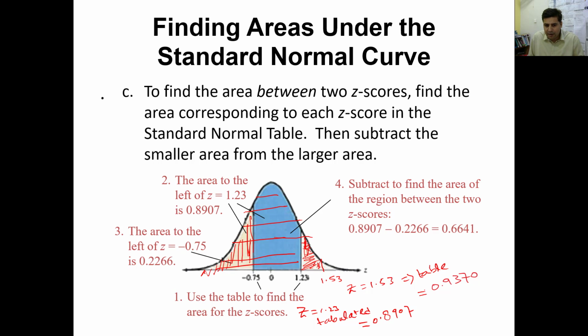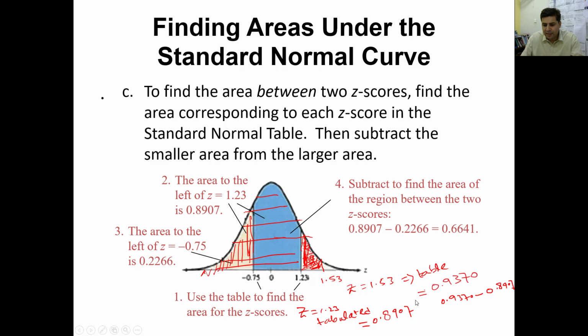So how will we calculate this area? It is very simple. We subtract this whole area up to 1.23, 0.8907, from 0.9370.